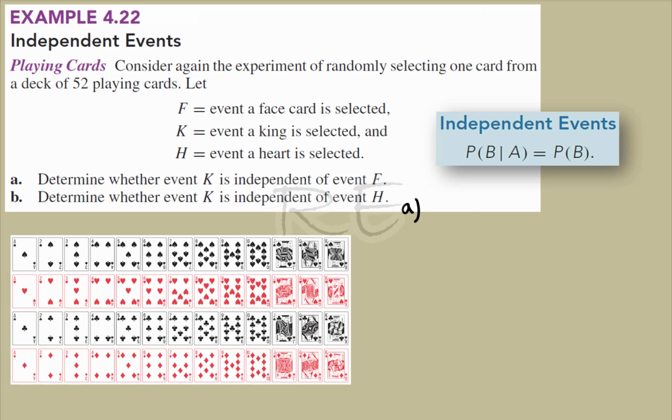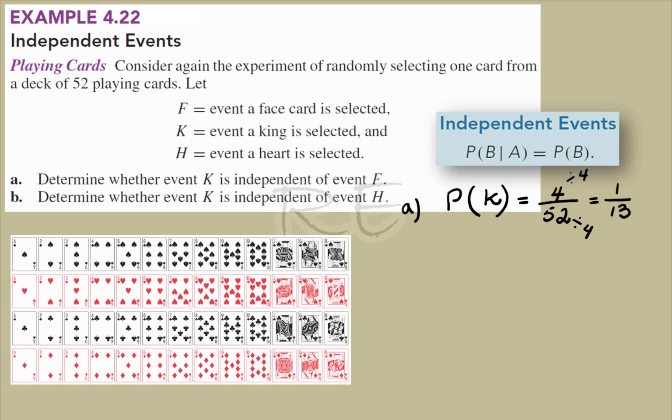Now, the probability of selecting a king, we have 4 kings and 52 cards, is 4 over 52, which can be reduced to 1 over 13.